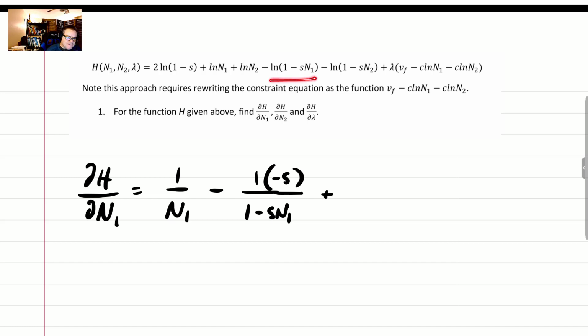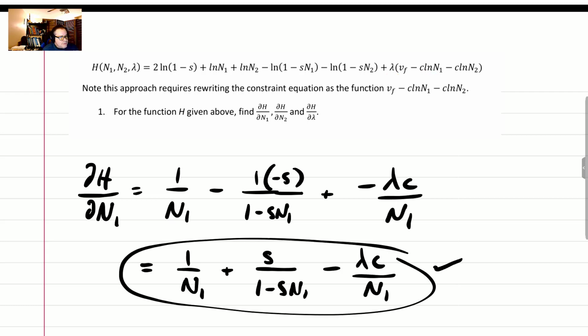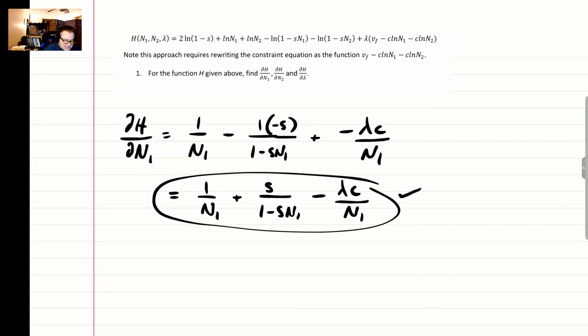And that takes care of this term, and then we look at that term, and of course it's going to go to 0 because there's no n1. And when we take a derivative of this with respect to n1, what we end up getting is just lambda minus c times 1 over n1. So that's the derivative with respect to n1, and it's going to work the same way doing a derivative with respect to n2.